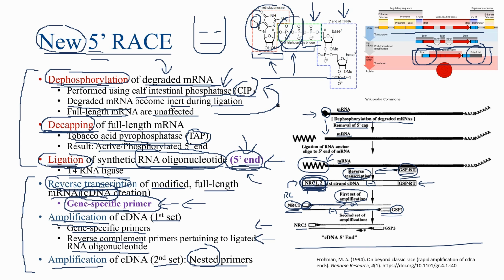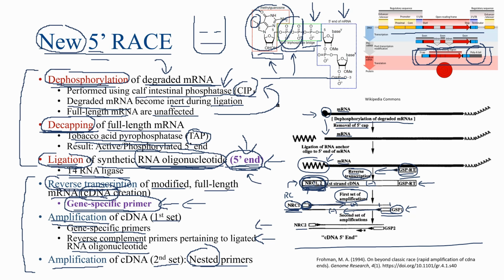Importantly, what I want to note here is that the NRC1 primer, or the primer labeled NRC1 here, is going to work on the first strand of cDNA. On the other hand, the GSP1 primer here is going to work on the extended sequence, or the sequence extended by the NRC1 primer, such that the GSP1 is going to anneal to this region.